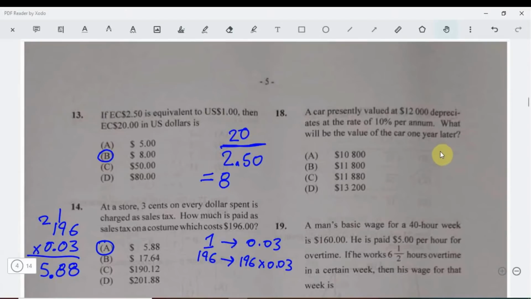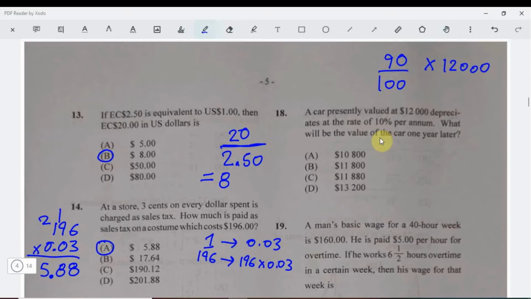Alright, question 18. Question 18 says a car presently values $12,000, depreciates at a rate of 10% per annum. What will be the value of the car 1 year later? So if it depreciates 10%, that means that the car is only worth 90% of its initial value. So 90% of 12,000, right?